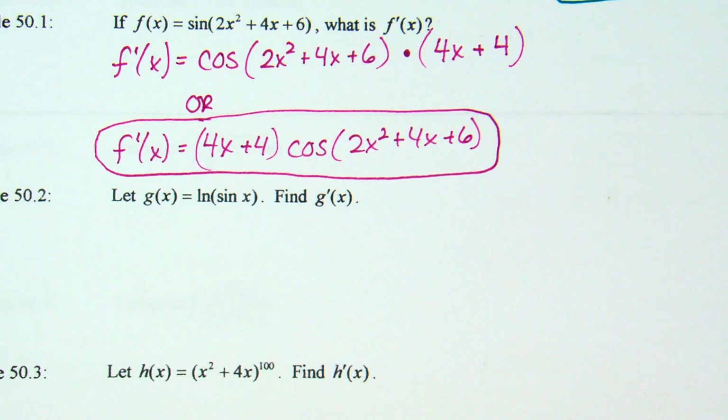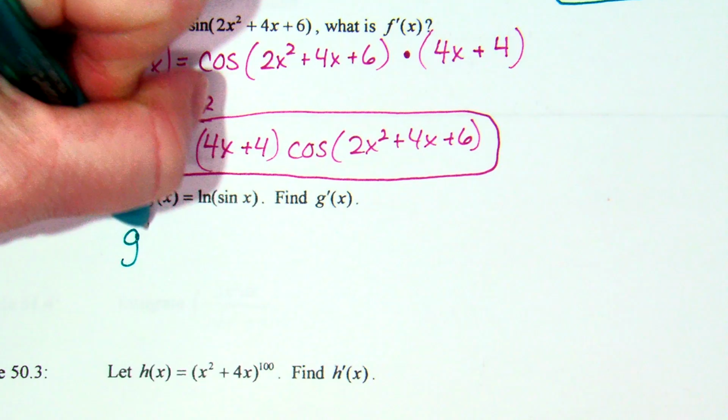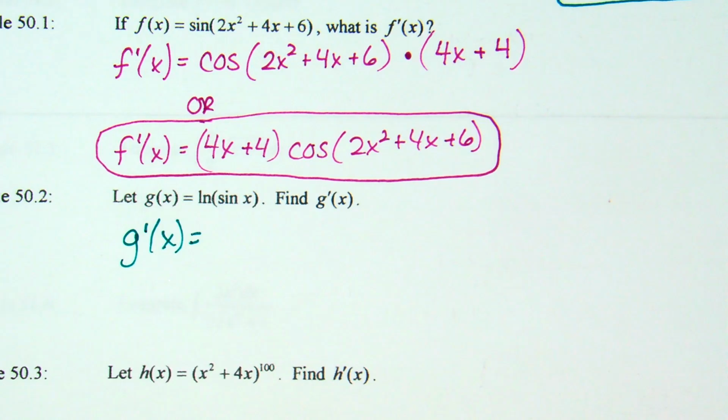So, okay, let's try example 2. Let g of x equals natural log of sine x and find g prime of x. Okay, we have g of x, g prime of x. What are your thoughts here to get us started?